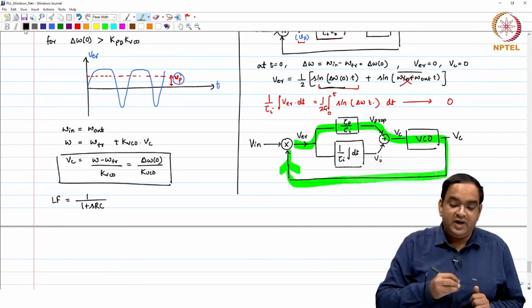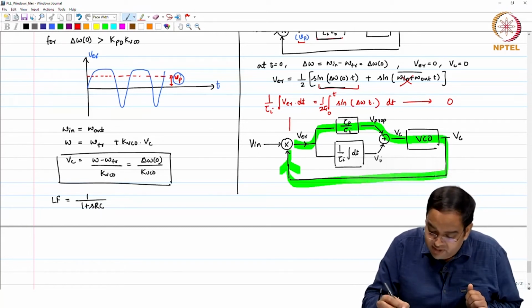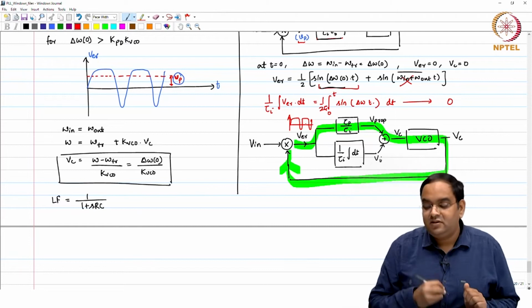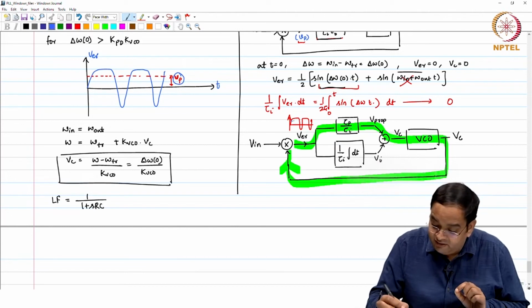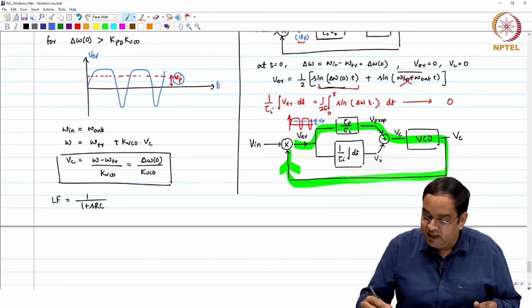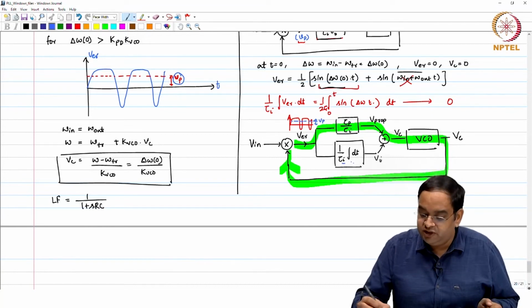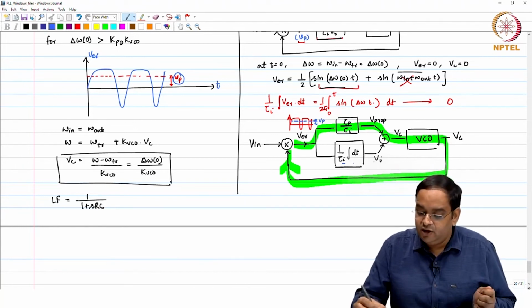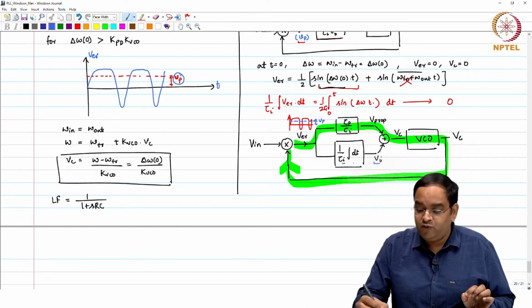Because of this particular path, we will be able to generate an asymmetric beat note at the V error value. And because you have an asymmetric beat note, you have a pull-in voltage Vp, which is a non-zero DC value, and this Vp gets integrated. You are integrating a non-zero value. So, this Vp will keep getting integrated to increase the integral path output. This is the integral path output voltage.